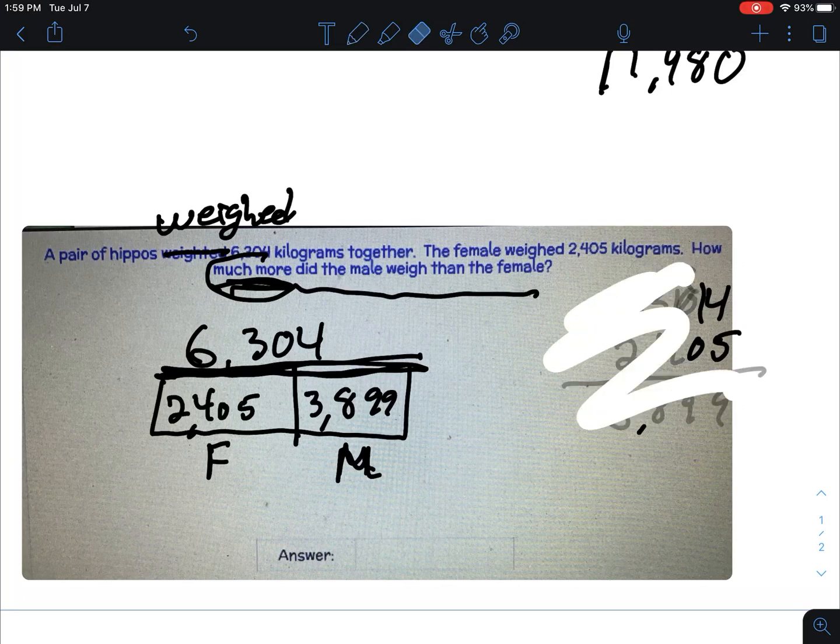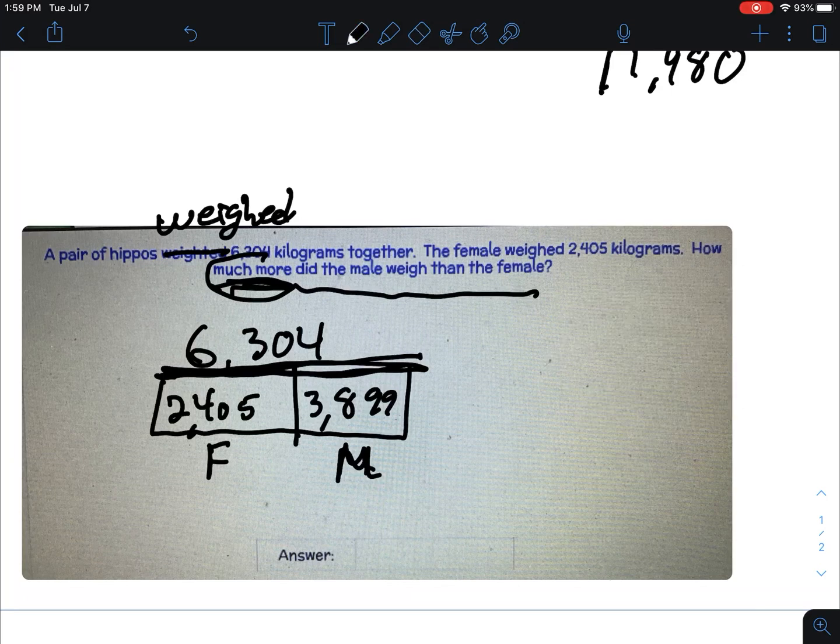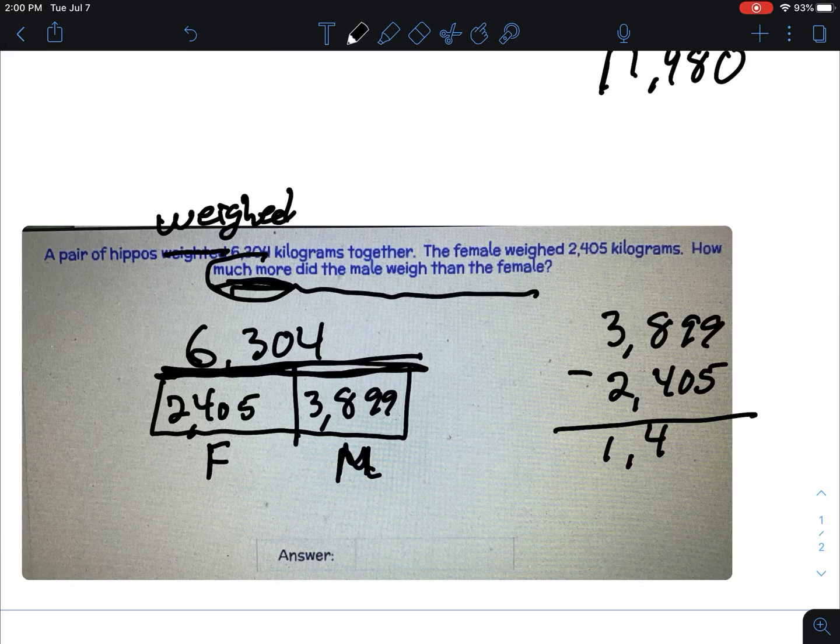Okay, if you said subtract the female's weight from the male's weight, you rock. And if you didn't get it, if you're struggling at all, don't stress, don't worry about it. We will practice this, I promise.